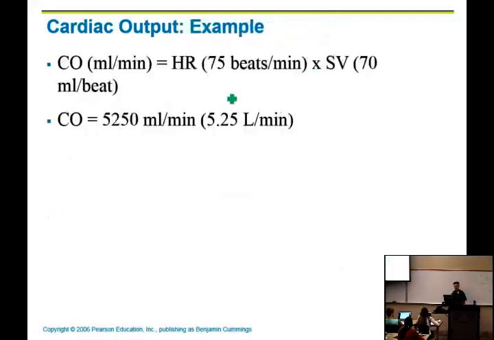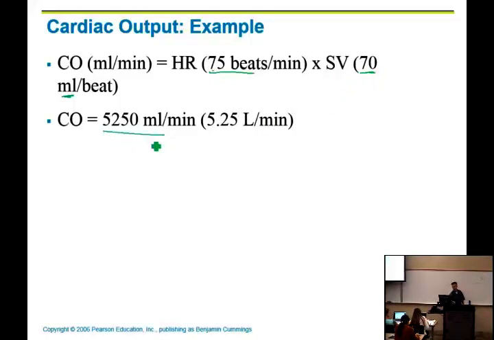So when we look at it, like we said, usually an individual squeeze is about 70 milliliters per squeeze, and commonly a resting heart rate might be 75 beats per minute. So if you were to multiply that out, 75 times 70, what you get is slightly over 5,000 milliliters per minute. Now, why does that seem significant there, that volume of blood? Does 5 is a nice round number?